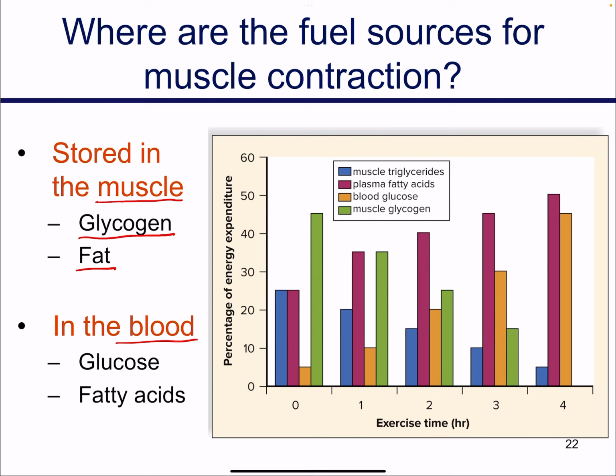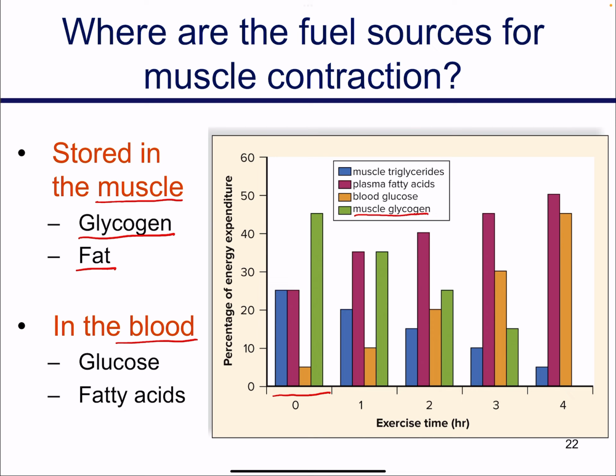Now, one is going to assume that during exercise, when we consider the energy that is used as we start exercising, what is the energy that is used the most? The energy that is used the most is going to be the muscle glycogen.